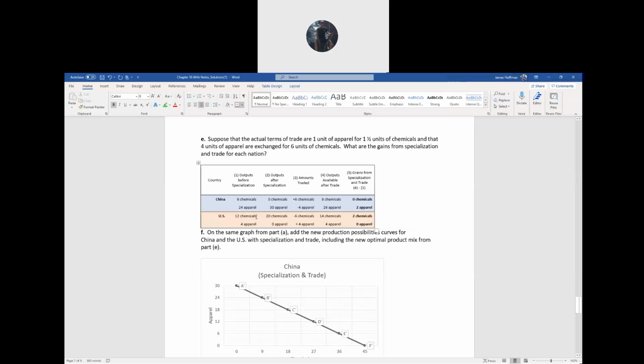The U.S. started with 12 chemicals and now has 14, so a plus 2 in chemicals. They started with 4 apparel and after the trade have 4 apparel, so nothing there. It's not always that both countries gain in both goods, but the point of column 5 is that no country is going to be worse off if you do this correctly. China got a plus 2 in apparel, and the U.S. got a plus 2 in chemicals just by specializing and trading.